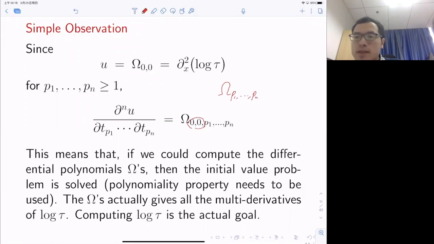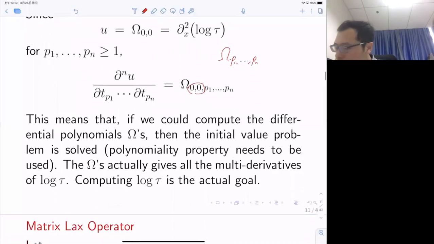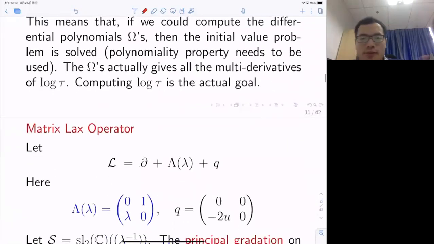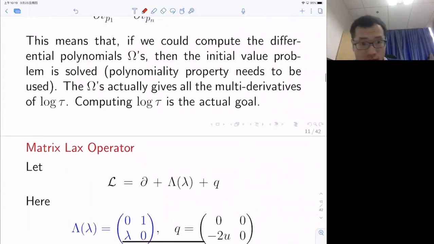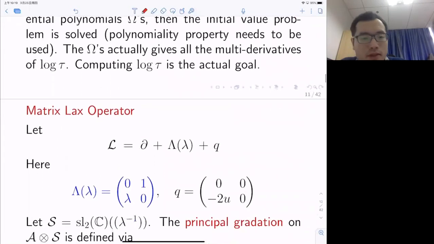Previously I said the partial goal of our study is to solve the initial value problem of the KdV hierarchy. And actually, the main goal, the actual goal, is to compute log tau. Of course, if we compute log tau, as the simple observation says, we just solved the initial value problem.